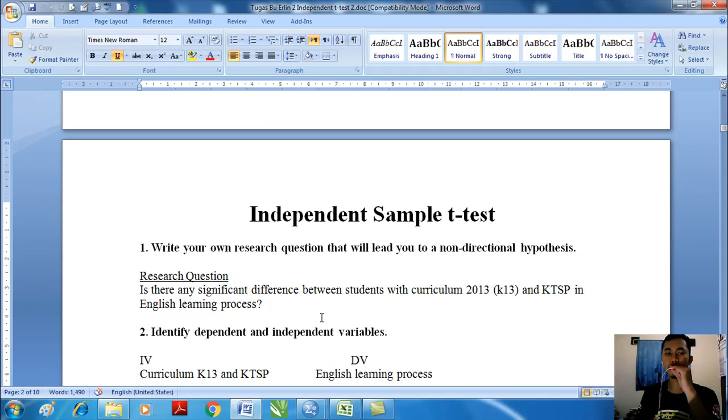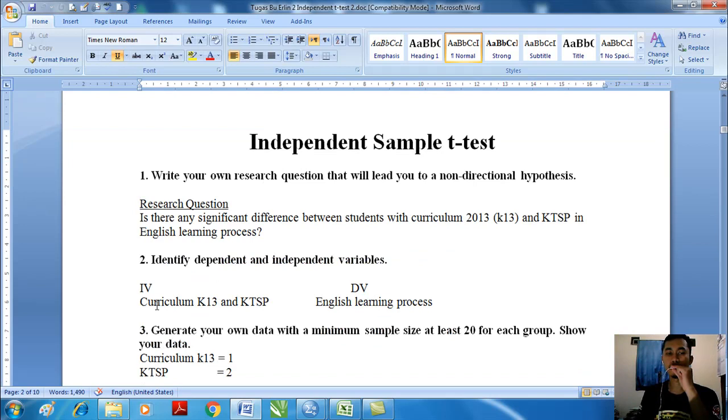Remember, before we go to administer the data, we have to know first which one is the dependent and independent variable. So I have divided the independent and dependent variable from the research question.